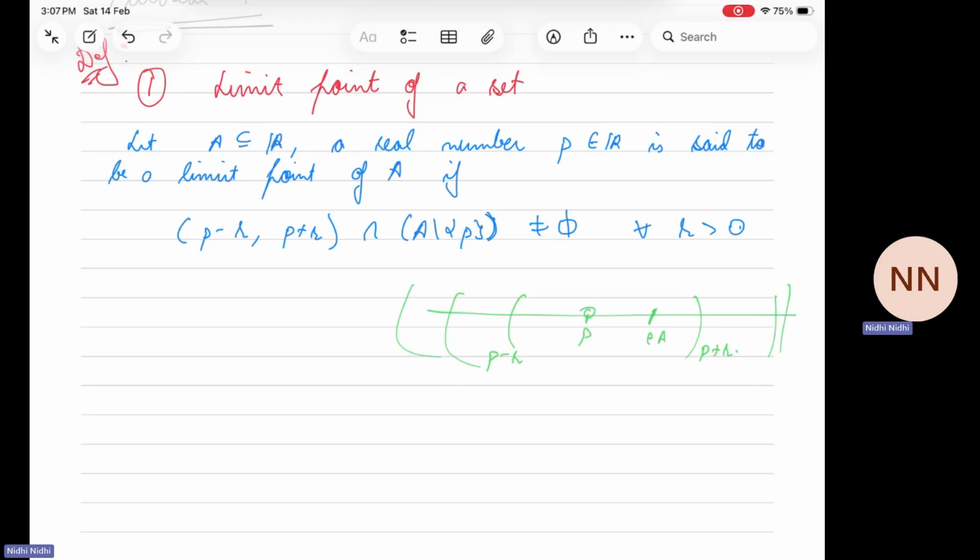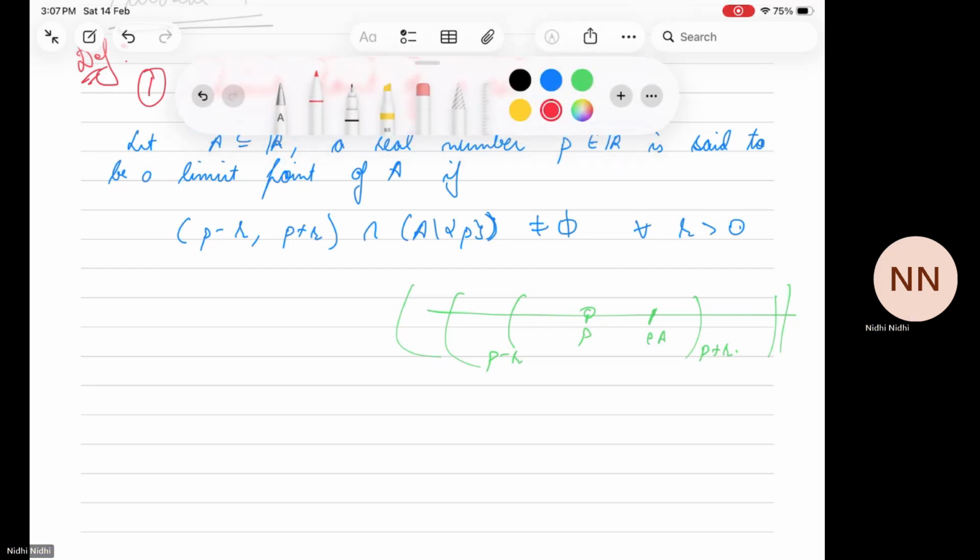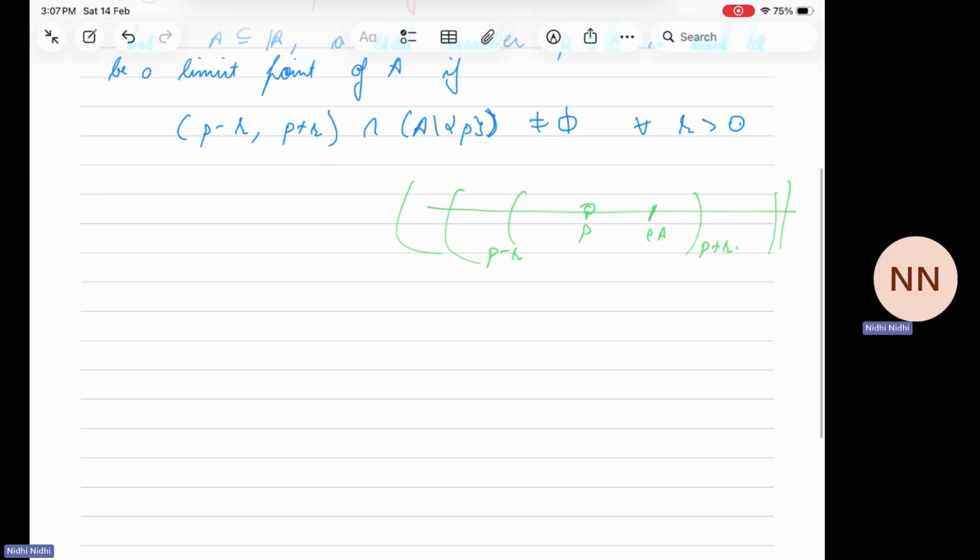Next comes the definition of the interior point.